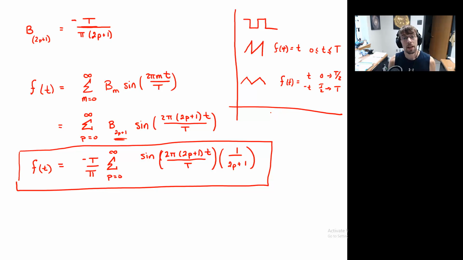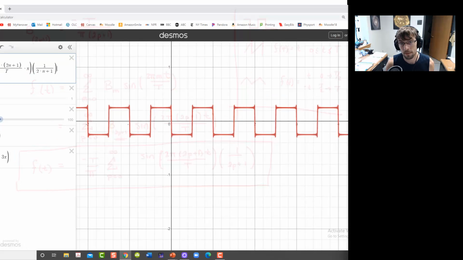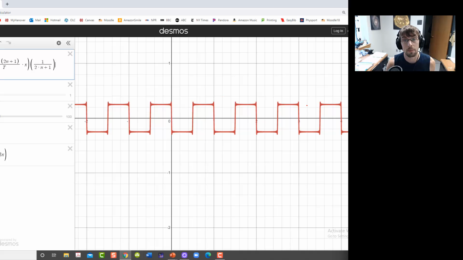Okay, so there's that. The second piece that I will point out to you is that this representation in the time domain is not always the most convenient. Notice again, this is the time domain representation. Time on the x-axis, amplitude on the y-axis.